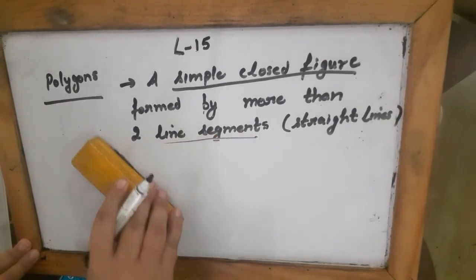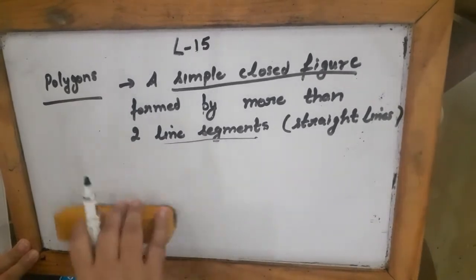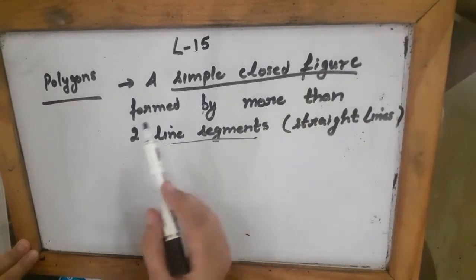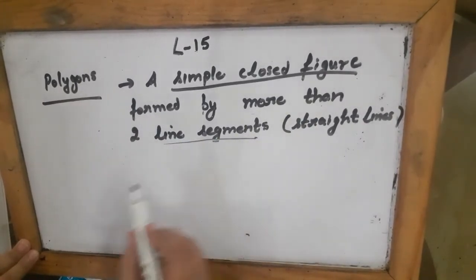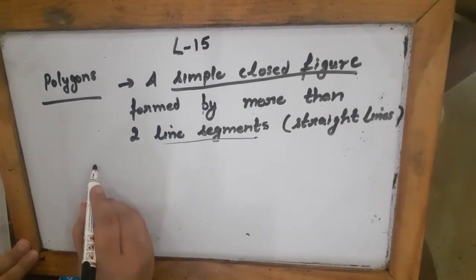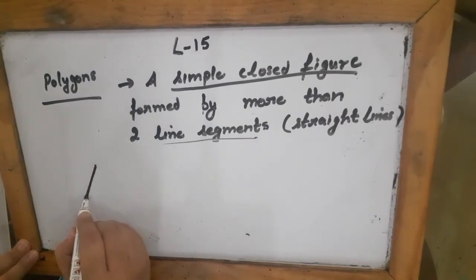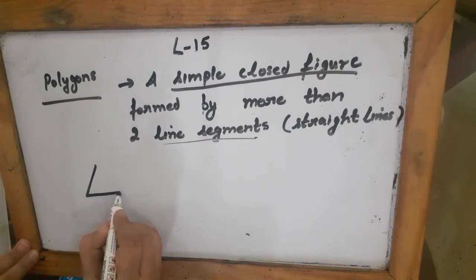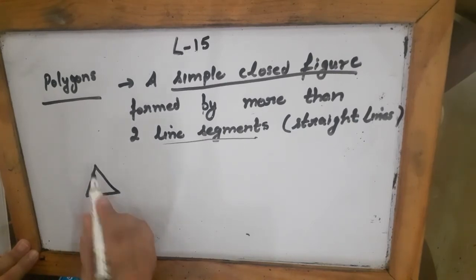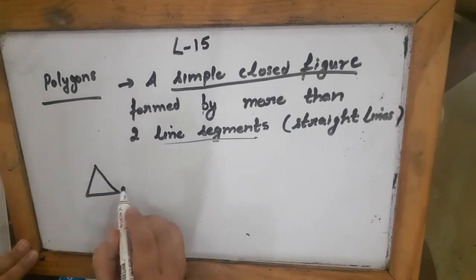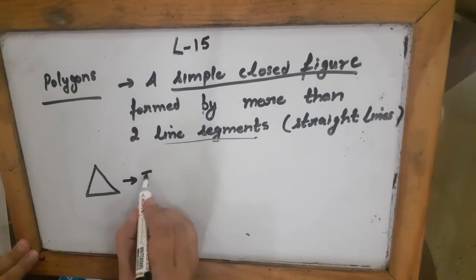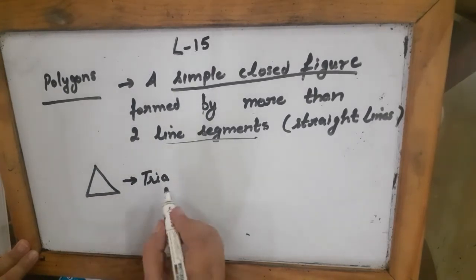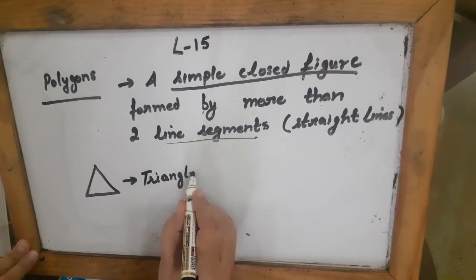Now let me explain with the help of figures. A simple closed figure formed by more than two line segments. So I'll start with a figure which has three line segments. Now this figure has three line segments. So what figure is this? This is a polygon which is called a triangle.